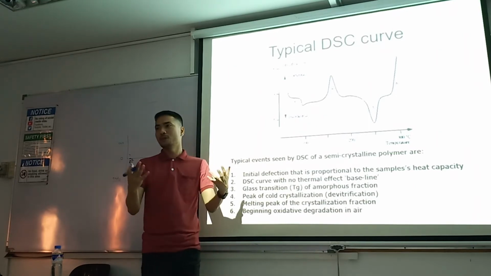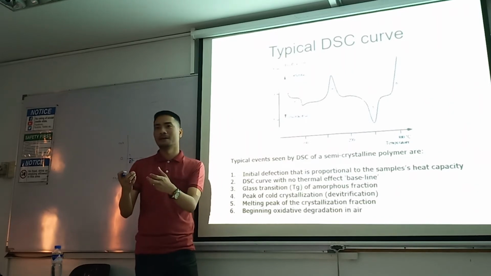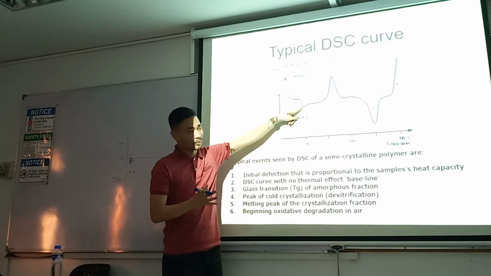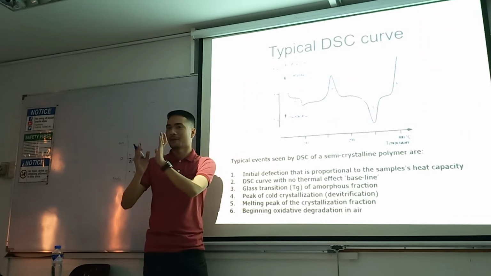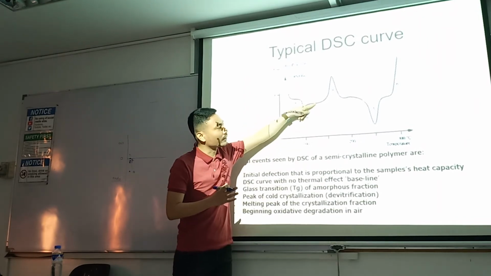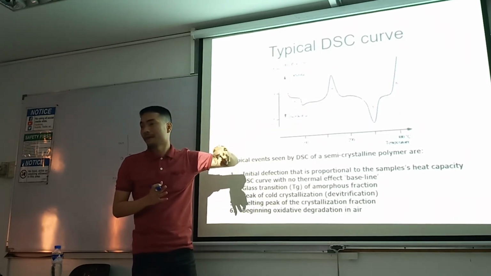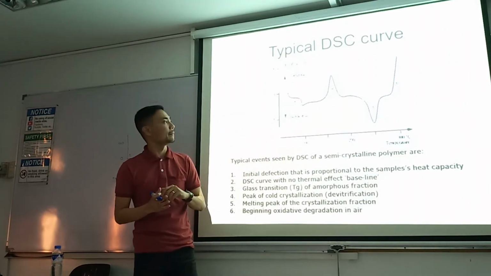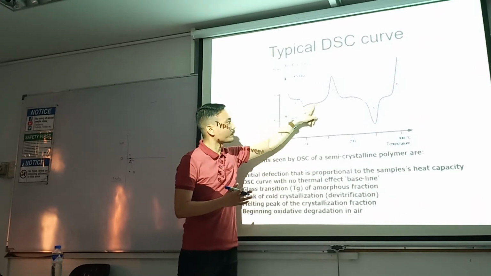Now, to show that the absorption of heat stops, ibig sabihin nun, nag-break na lahat ng bonds, hindi pwedeng magpatuloy yan, di ba? Hindi pwedeng mag-continue downwards kasi kapag nag-break na lahat ng bonds ng amorphous regions, kailangan mag-horizontal, di ba? After the TG, again, nagkakaroon ulit tayo ng baseline.